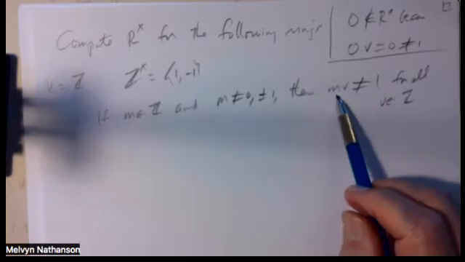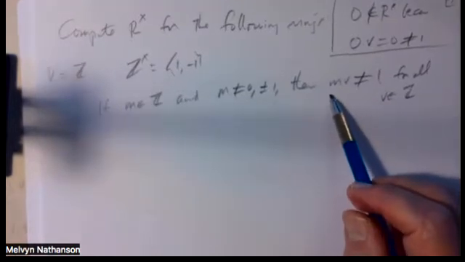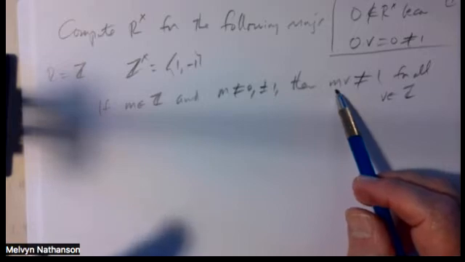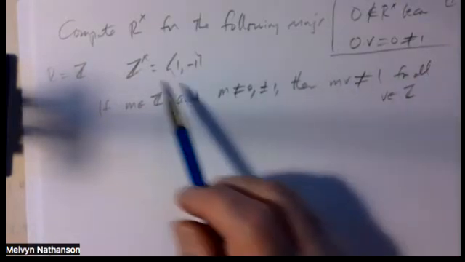There's no integer. I mean, m is at least 2 in absolute value. So no multiple of m is equal to 1. So the group of units in the integers just consists of plus 1 and minus 1.